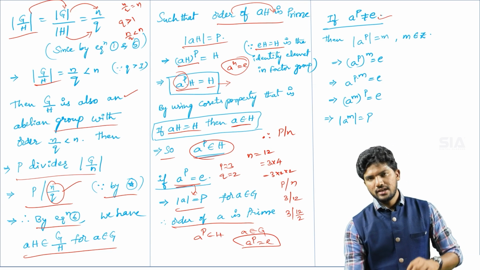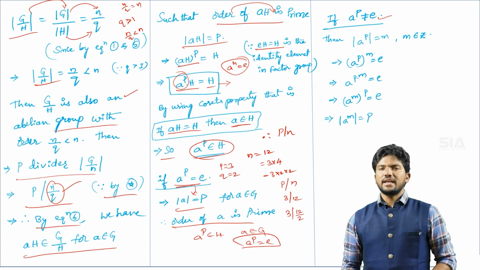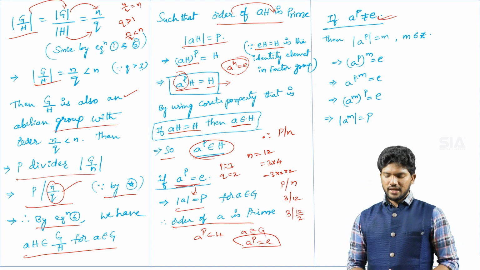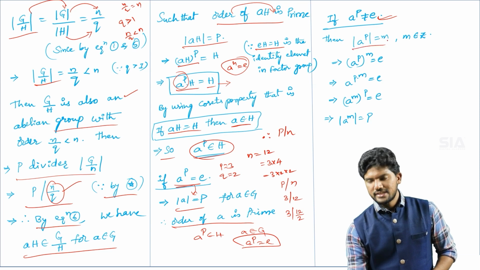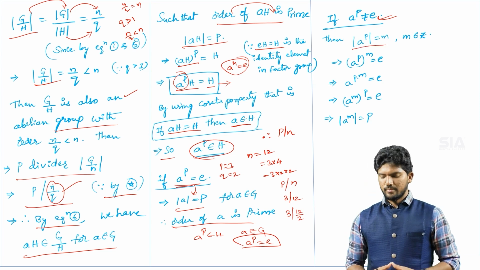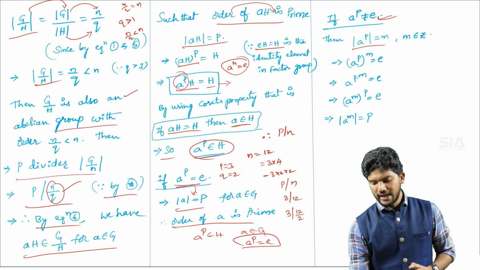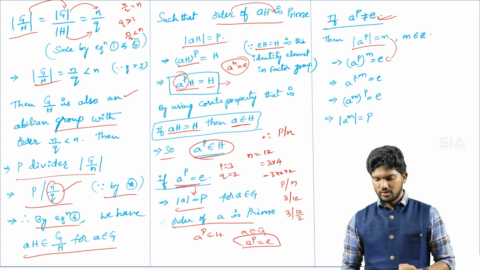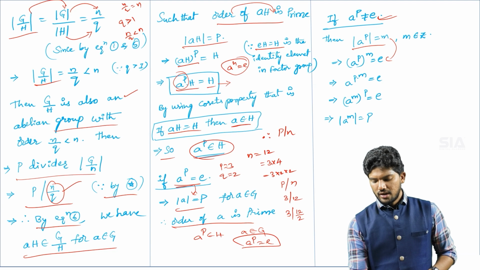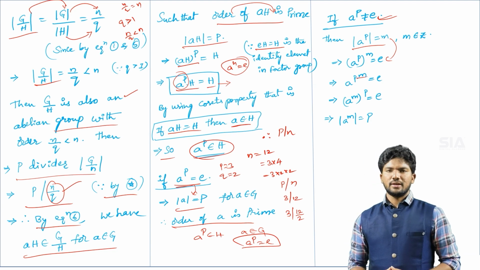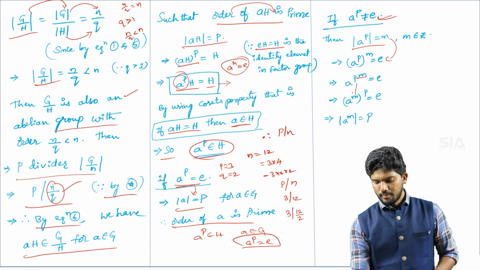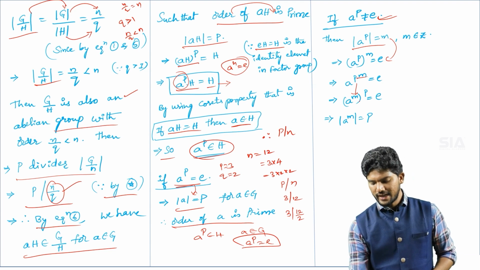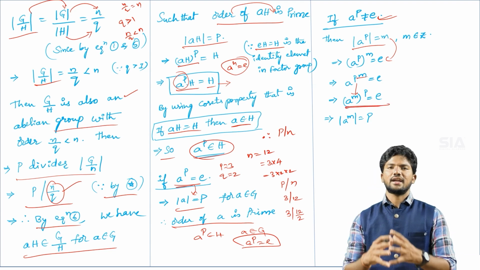Or else if you take that a power p is not an identity element, a power p not equal to small e, then order of a power p is equal to small m, not a prime number, where m is any integer. So according to the definition of order of an element, a power p whole power m is equal to small e. If you apply the indices properties, a power p into m is equal to small e, again by rewriting, a power m into whole power p is equal to small e, then you will get it in the form of order of an element.